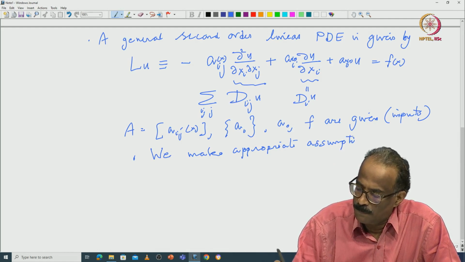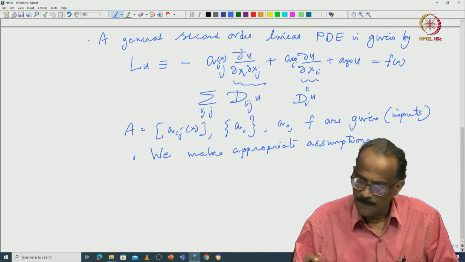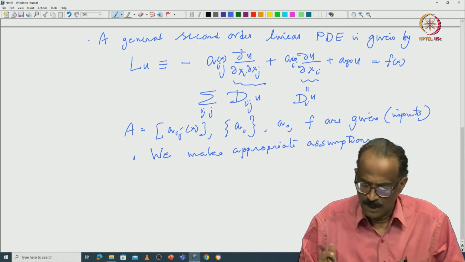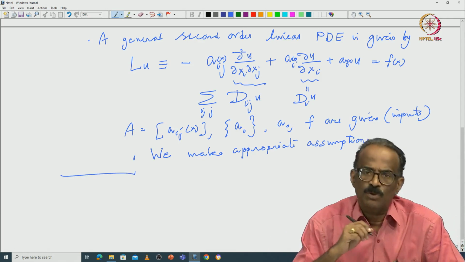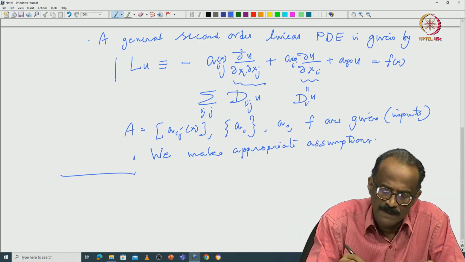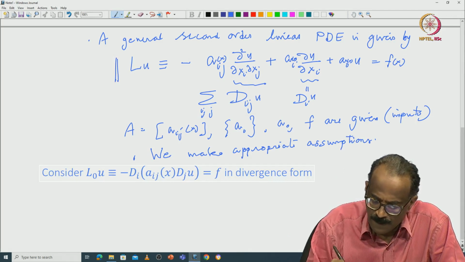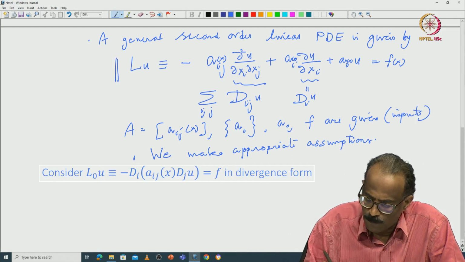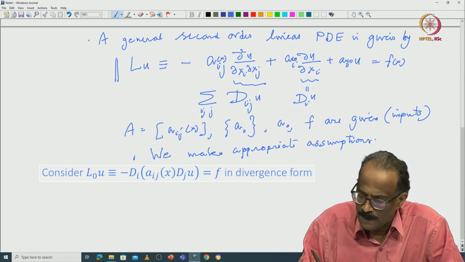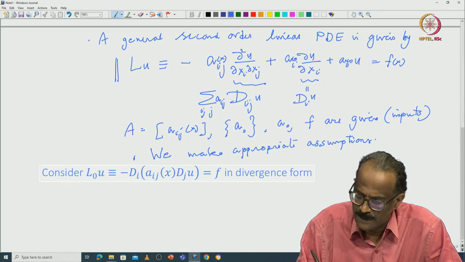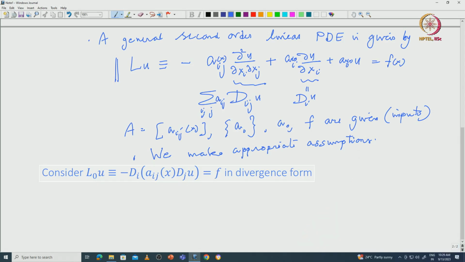So, on the data you have to make such assumptions. First we will start, and come back to this general case a little later, by considering L_0 of u equal to minus a_ij of x d_ij of u equal to f.